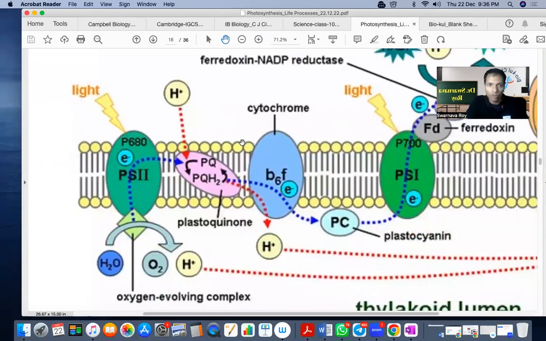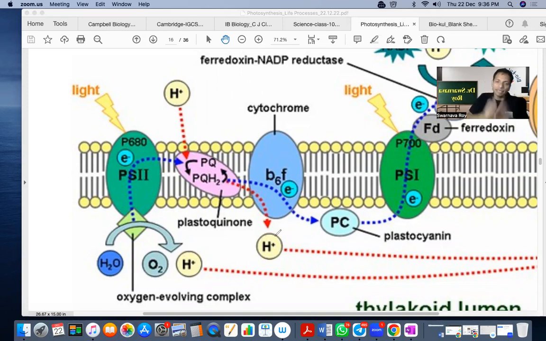Here, in this diagram, we can see how the H plus is being transferred with the help of plastoquinone to the lumen side. So this causes accumulation of H plus in the thylakoid lumen, because you see also H plus or protons are made by photolysis of water. So photolysis is already making H plus.